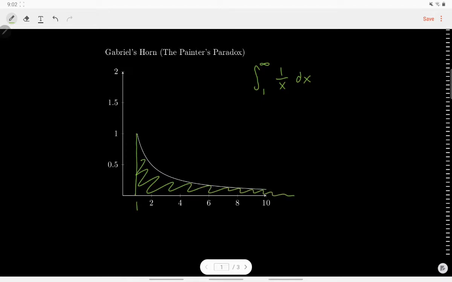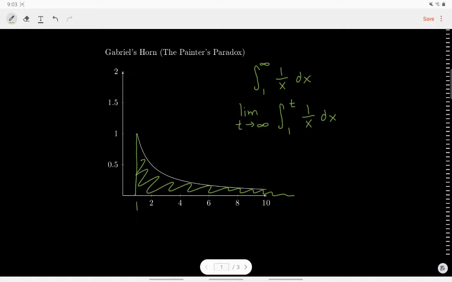Okay, so the way mathematicians define this is to treat this as a limit of some dummy variable, I'm going to call it t, going to infinity, and look at the area from 1 to t. So I'm going to look at the area from 1 to a million, 1 to a billion, 1 to a trillion, and see if those values close in on a number.